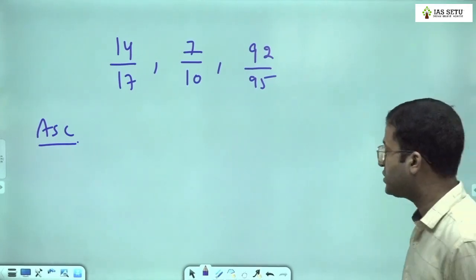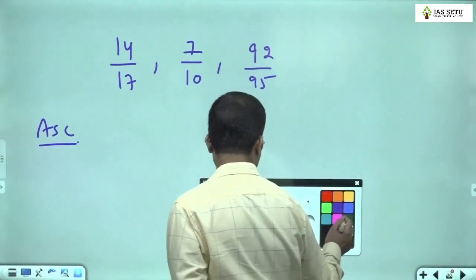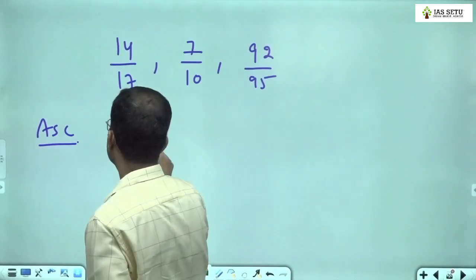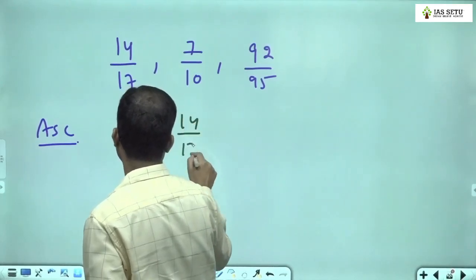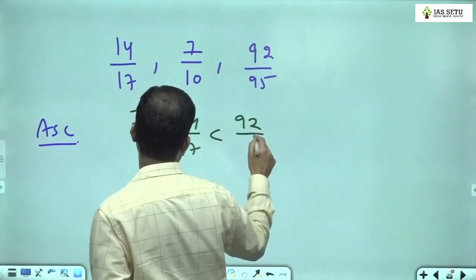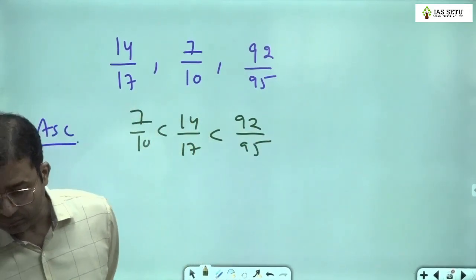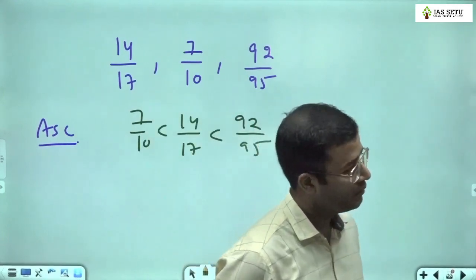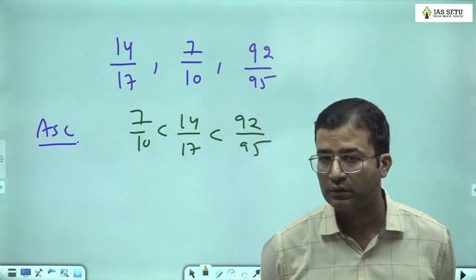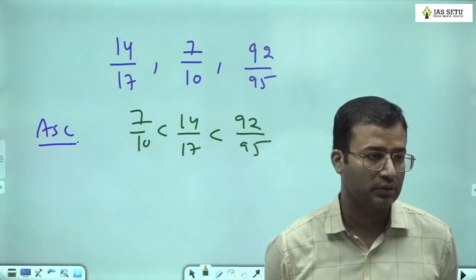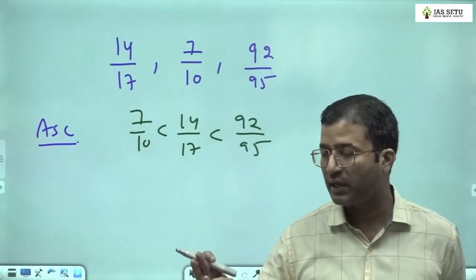Which one is the smallest? 7/10. Smaller than 14/17. Smaller than 92/95. All of you, clear? Any doubt in type 1, type 2, type 3?